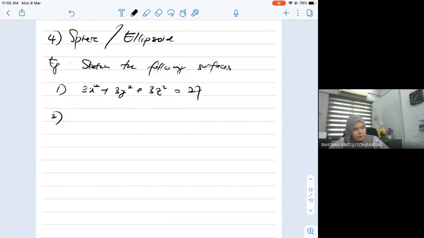Number 2, let's say we have y equals to square root of 25 minus x² minus z².